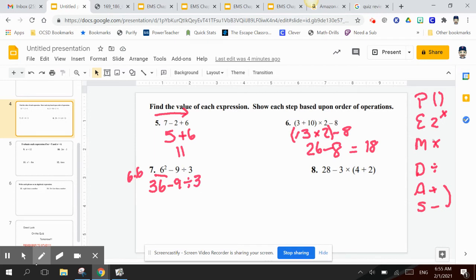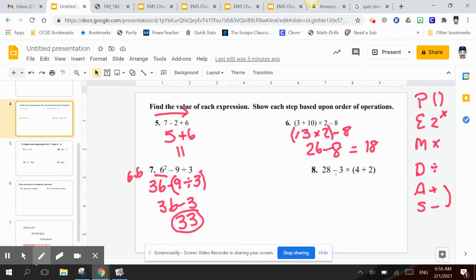Then I go to multiplication. Do I have any multiplication? No. Do I have any division? Yes, so I want to do my division second. 9 divided by 3 is 3. And then I rewrite the rest of my problem. So I have 36 minus 3. I only have one operation left, and 36 minus 3 is 33.